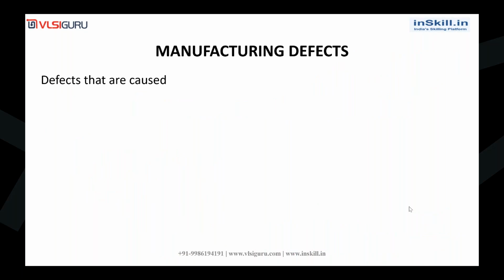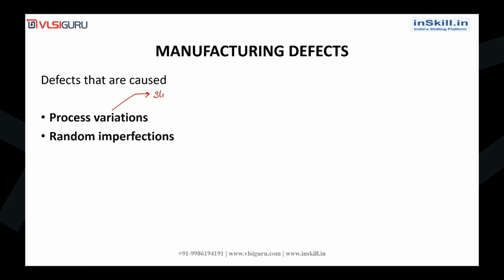Manufacturing defects are the defects that are caused due to process variations and random imperfections. So what is process variation? Process variation means slight variation in the transistor channel length, metal interconnect width and thickness.